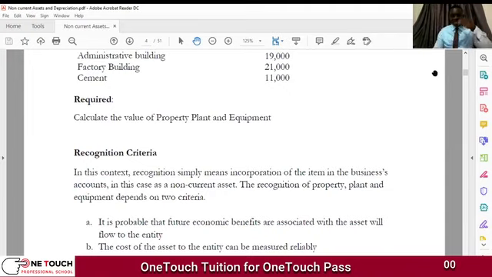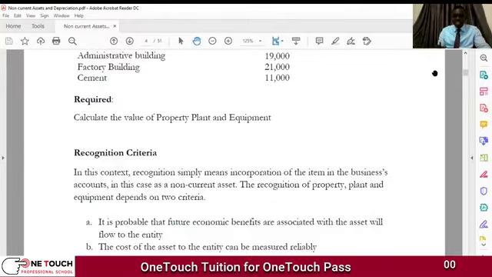In this context, recognition simply means incorporating the item in the business's account, in this case as a non-current asset.